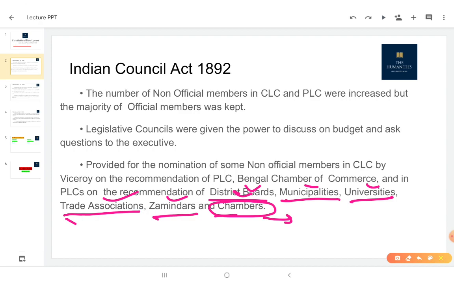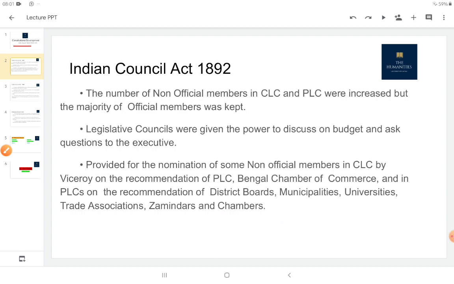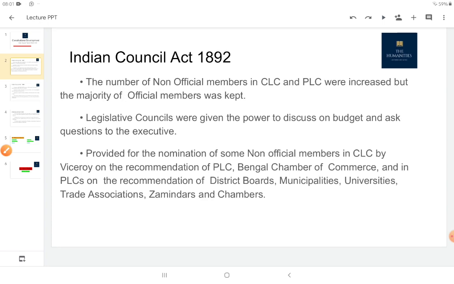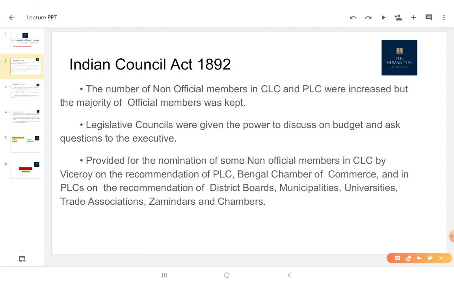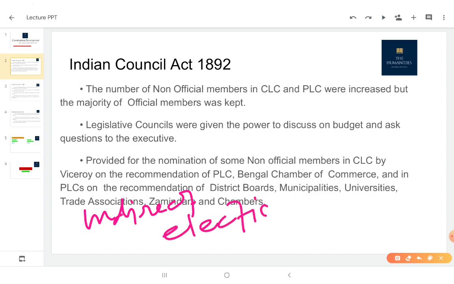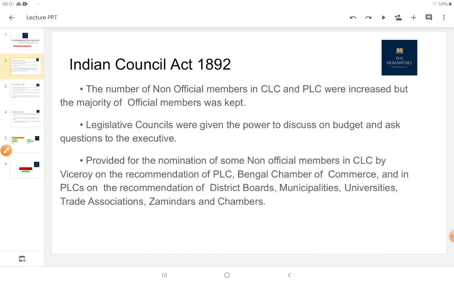So this was how the non-official members were chosen. You can see that the indirect election process was introduced through the Indian Council Act of 1892. Okay, so that was it about this Indian Council Act.